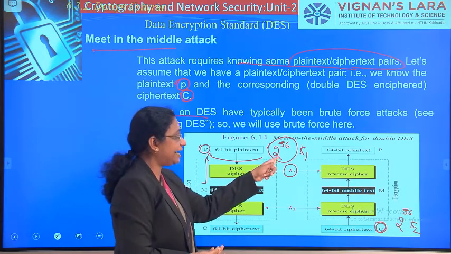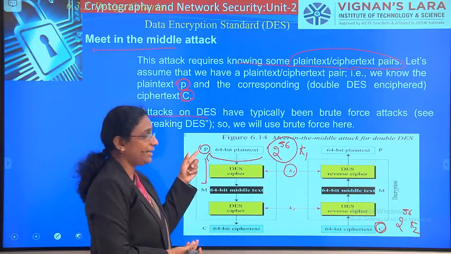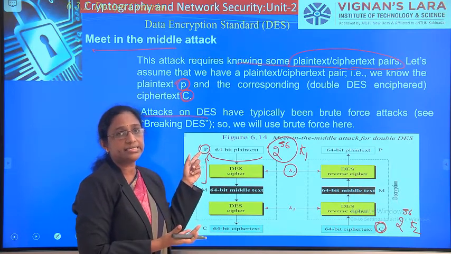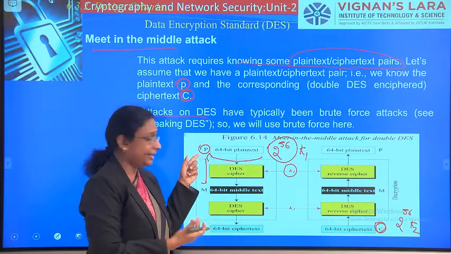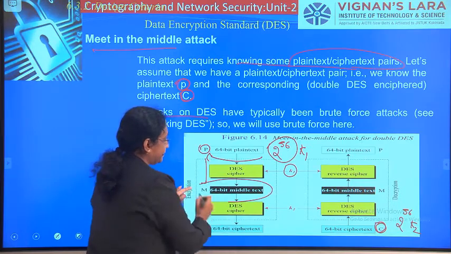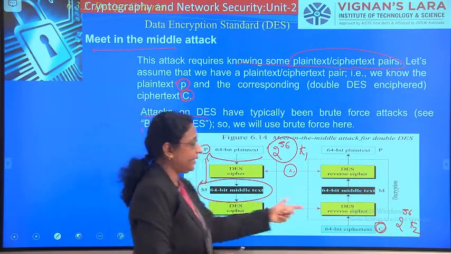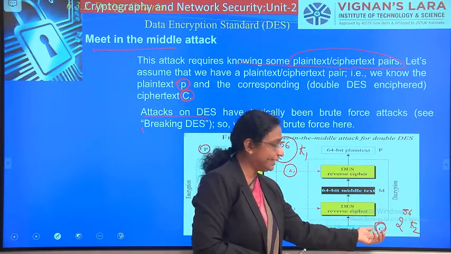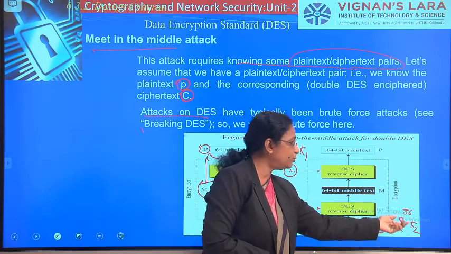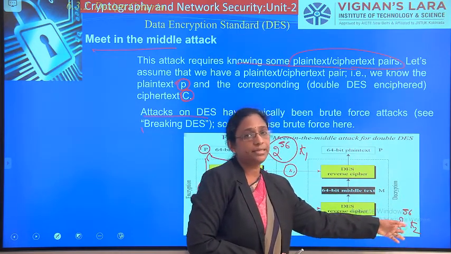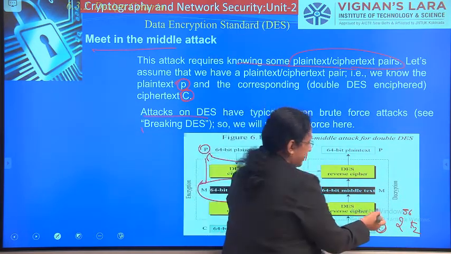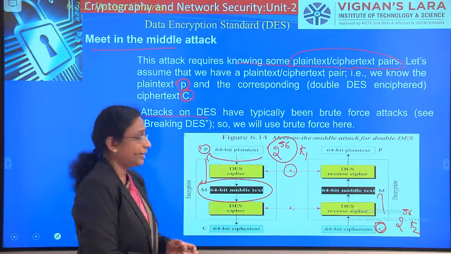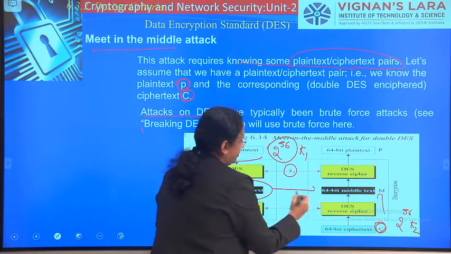With these K1 keys he encrypts the plain text and takes whatever messages he gets. Similarly, he decrypts the ciphertext C with all the 2 to the power of 56 possible K2 keys. Here, in the middle, he will be meeting in the middle.